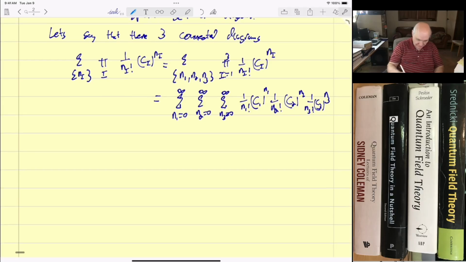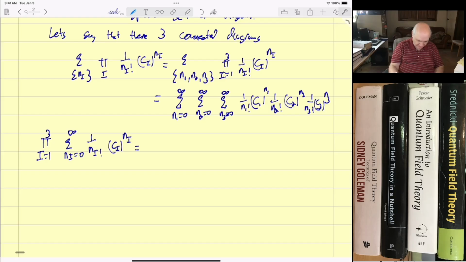Now let's take what equation 3 is, which is the product from i equal 1 to 3, the sum from ni equal 0 to infinity, 1 over ni factorial ci to the ni.